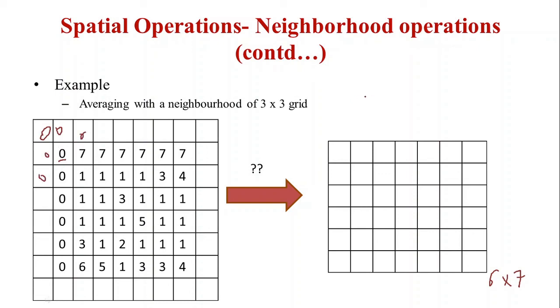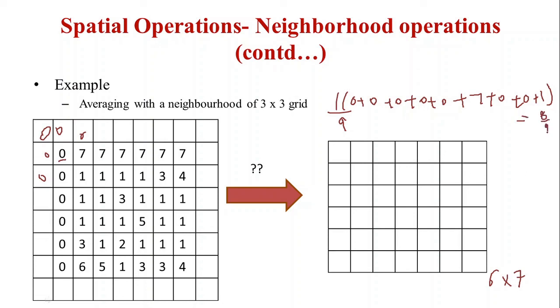And in this neighborhood, what we are doing is adding the value 0 plus 0 plus 0 plus one more 0 plus 0 plus 7 plus 0 plus 0 plus 1, a total of 9 values, and all will be divided by 9 to compute the average, right? And you can see here this value comes out to be 8 by 9.